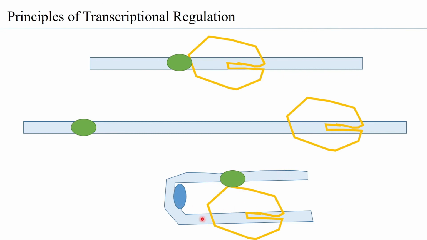The bending of the DNA can be because of certain proteins known as DNA bending proteins. Such a thing is definitely observed in prokaryotes, but it is observed to a great extent for many genes in eukaryotes. So this is action from a distance, and it happens because of DNA looping.